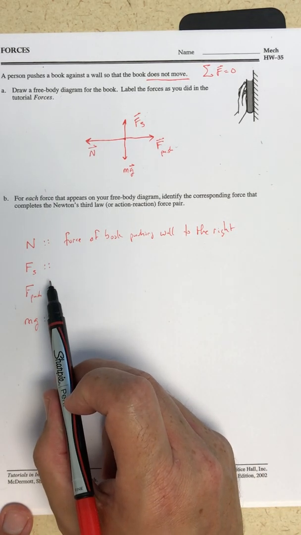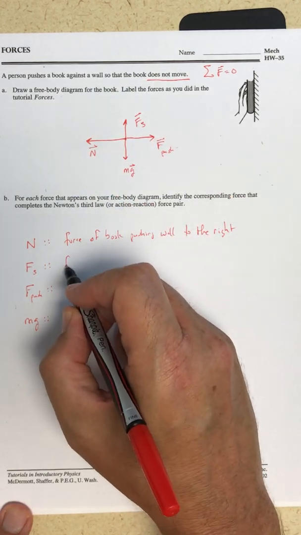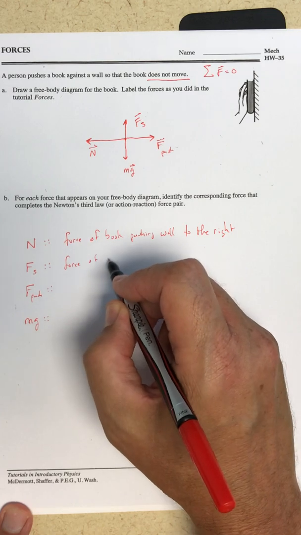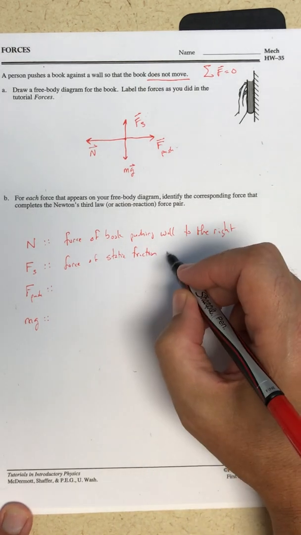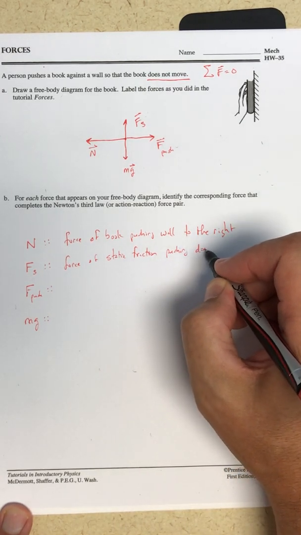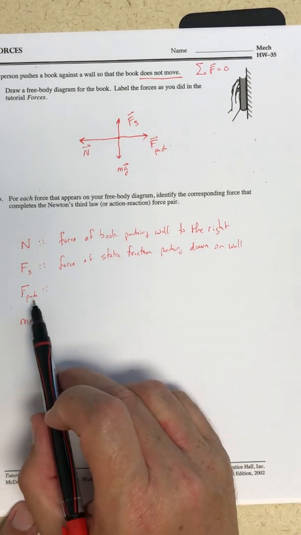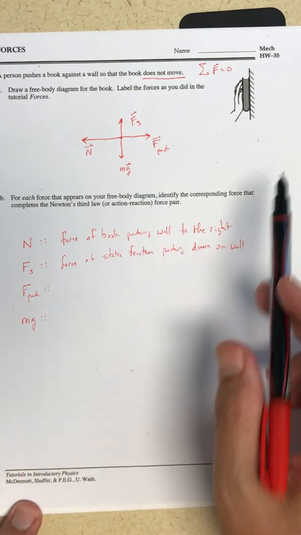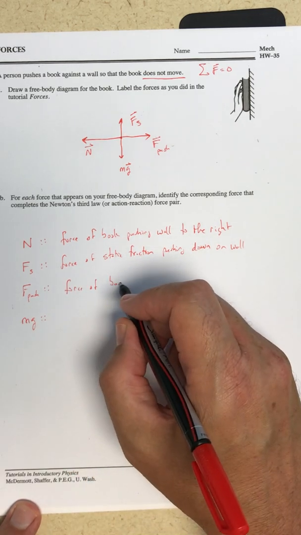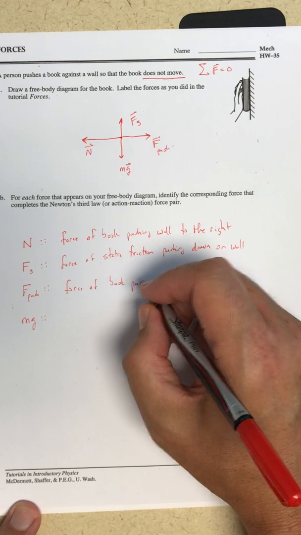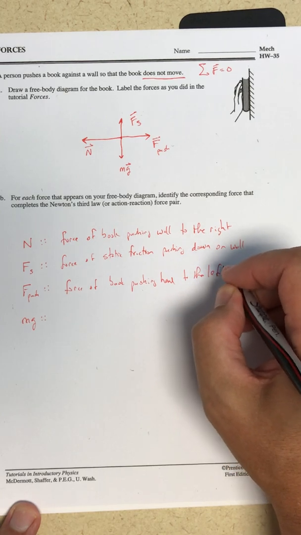What is equal and opposite to the force of static friction pushing up on the book is going to be the force of static friction pushing down on the wall. Equal and opposite to the force of the hand pushing the book to the right is going to be the force of book pushing hand to the left.